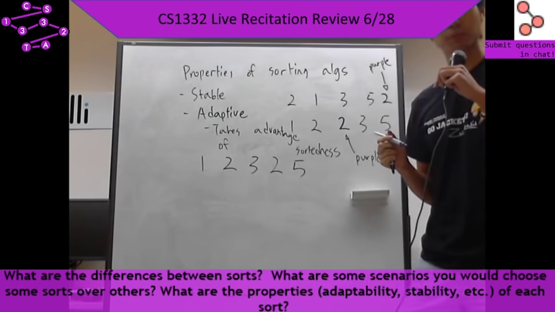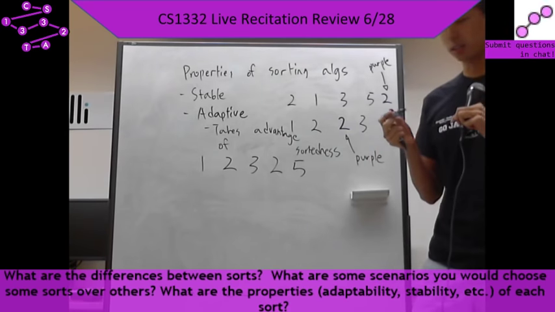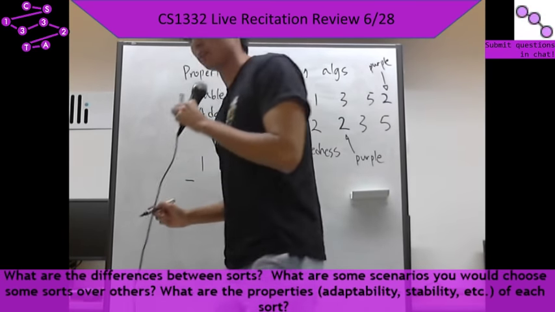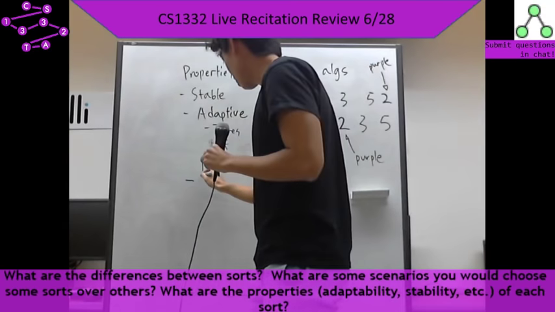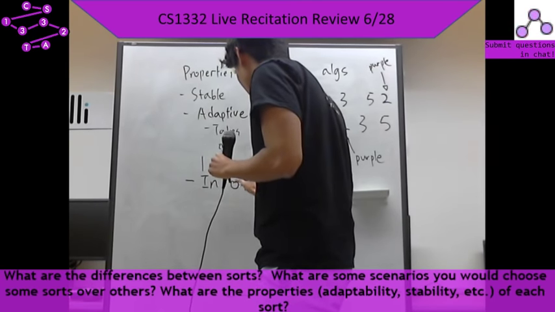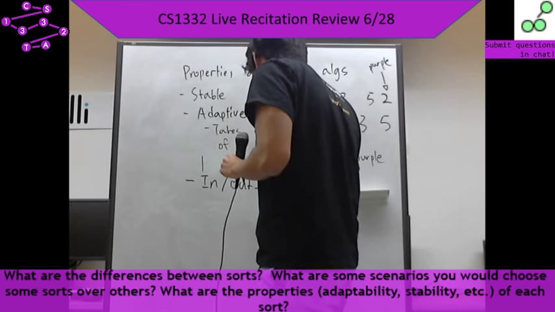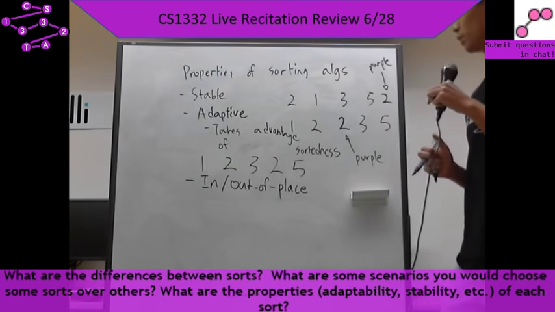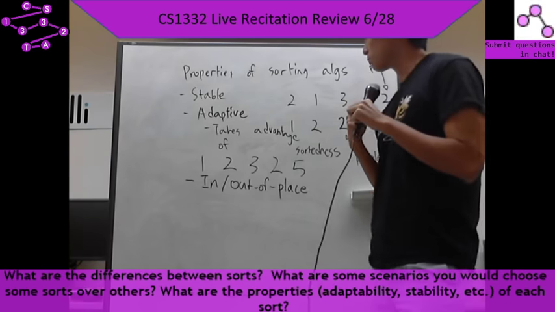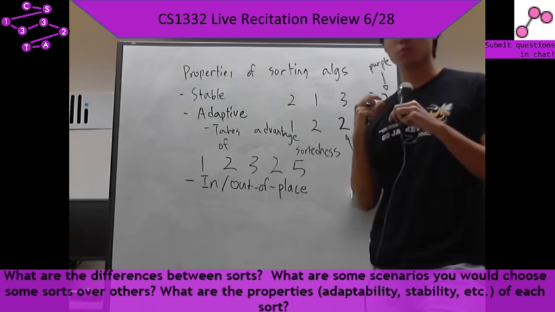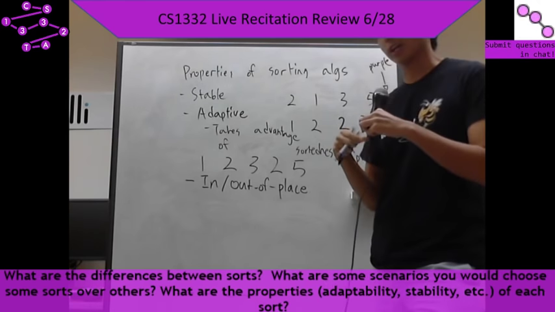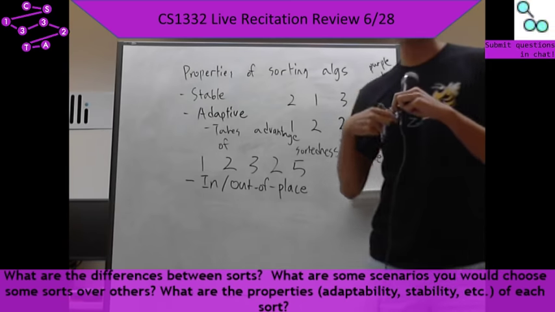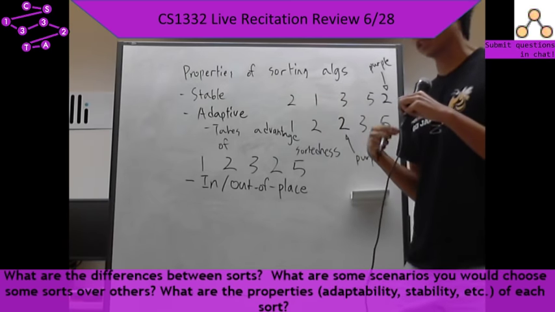Okay. The next property is going to be in place or out of place. If an algorithm is in place, it's going to sort just within the array that was given. And if it's out of place, it's going to move the elements temporarily into an external data structure.